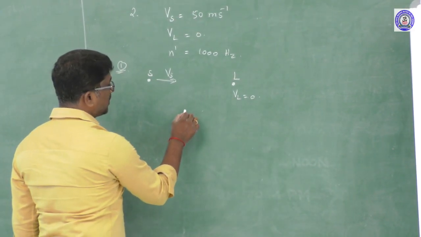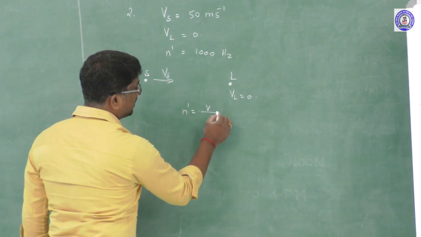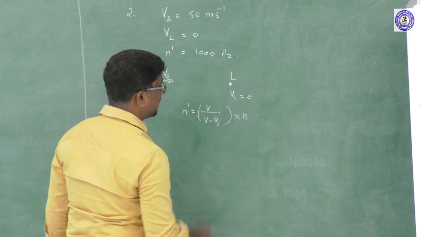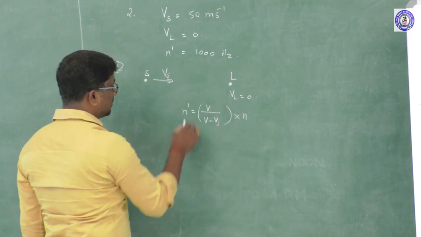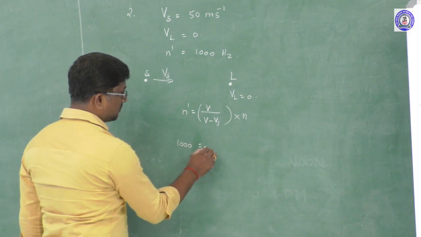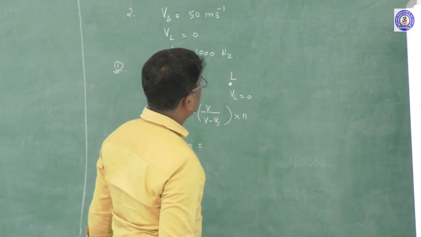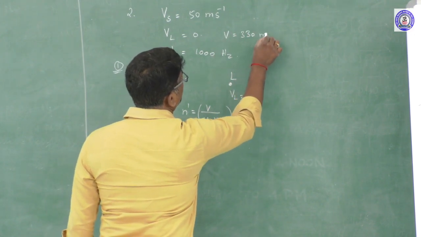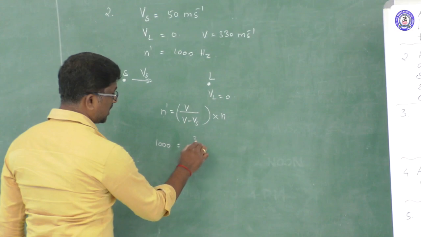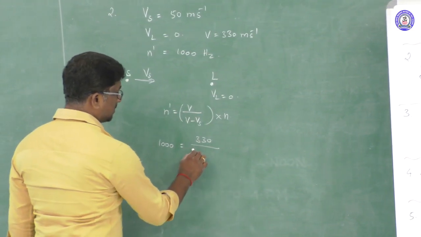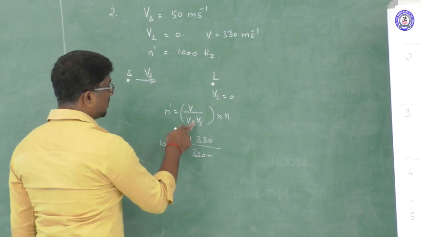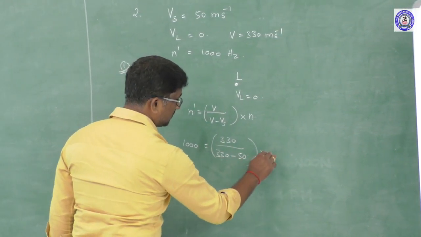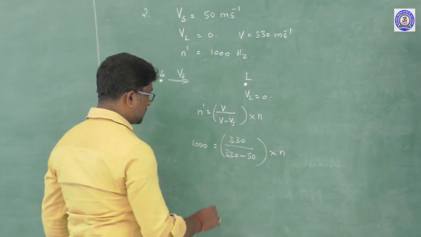Apparent frequency formula, n prime is equal to V divided by V minus Vs into n. N prime value is 1000, and V value is also given, that is 330 meters per second. So 330 minus Vs value 50, and then the actual frequency.